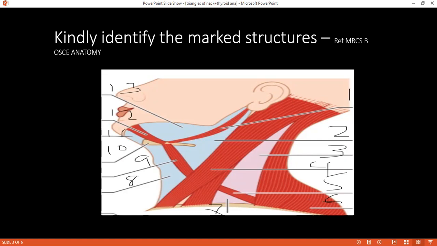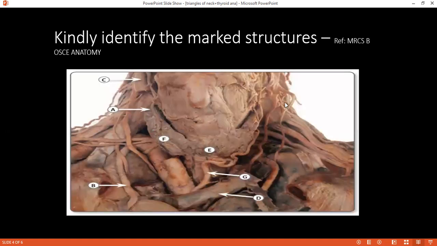Looking at this image, what is F? F is the thyroid gland. What is E? E is the isthmus of the thyroid gland. Very good.